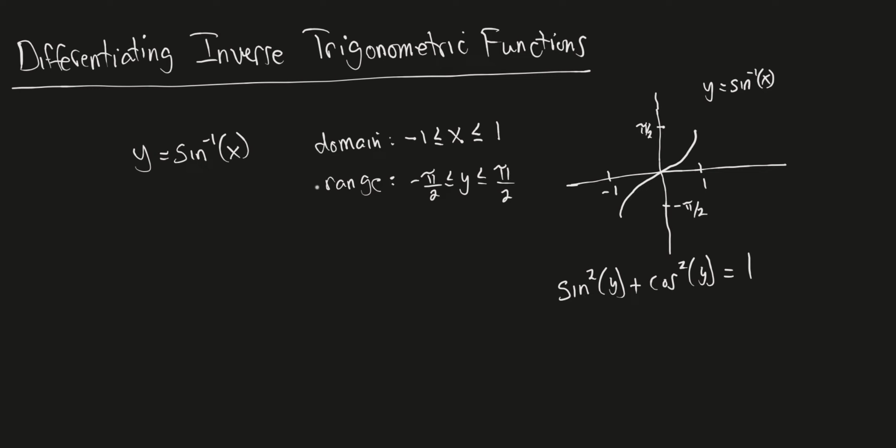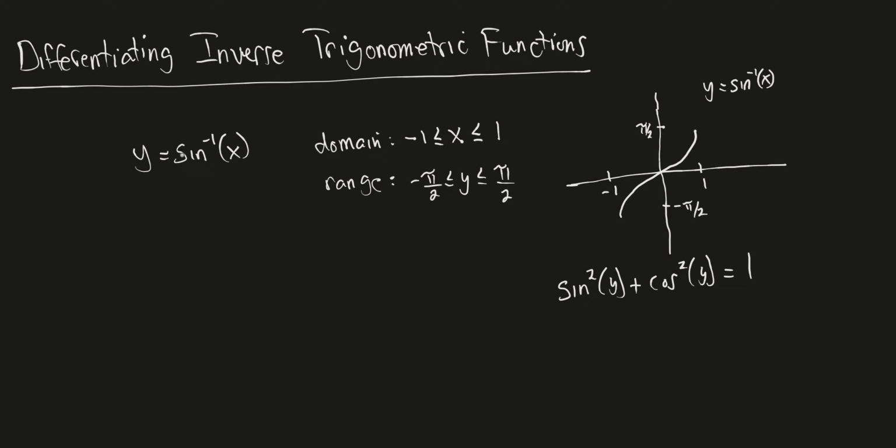On the right here, what I have are just some useful facts about this arcsine function, and then we have our Pythagorean identity right here. Now, we don't know how to differentiate arcsine. That's what we're trying to accomplish in this video. But we do know how to differentiate sine, and we do know how to differentiate implicitly.